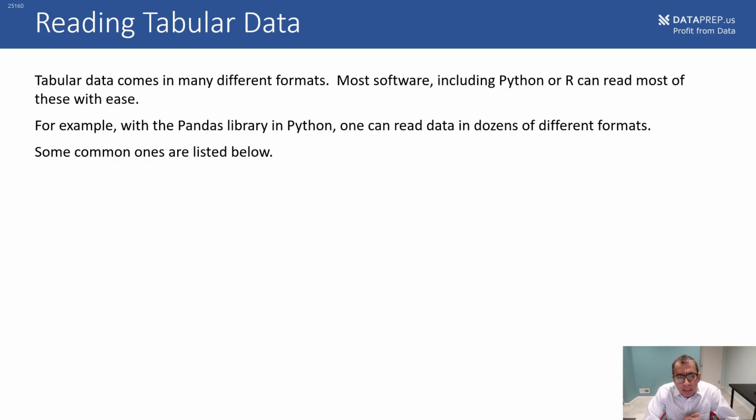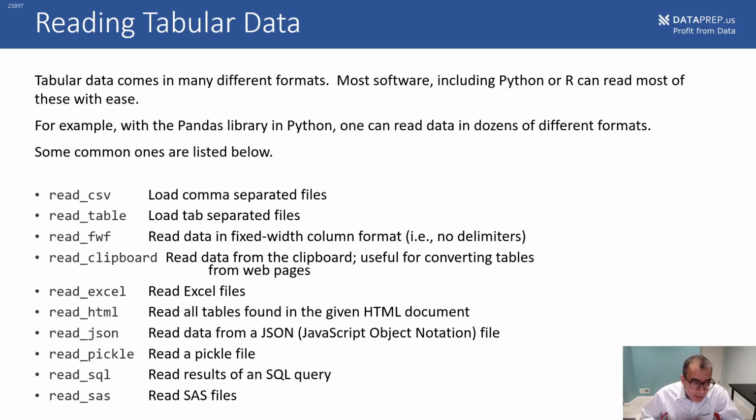Now, tabular data can come to us in many forms, and most software, most analytical software, whether it's Python or databases, they can read most of these with relative ease. There are connectors available, and you can read just about anything. In fact, for example, the pandas library in Python can read just about any data format you can throw at it. And here are some examples of what it can do. It can read comma separated files.